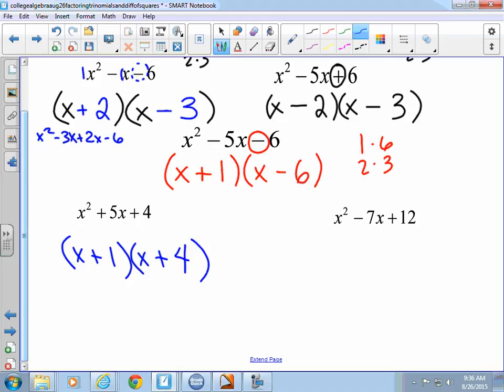What do you multiply together to give you 4 that you add together to give you 5? Right, that's the question you ask yourself. 4 and 1 works. You might have listed. Now, you will get to the place where you don't have to list them, especially on the ones with a 1 in the front. The ones without the 1 we will want to list. We'll talk about that tomorrow. All the ones you'll have today just have the 1.